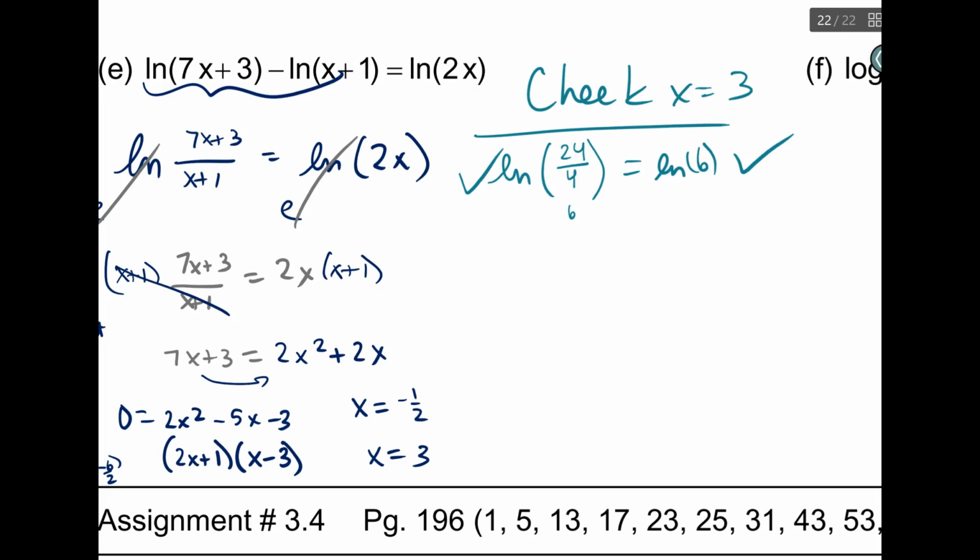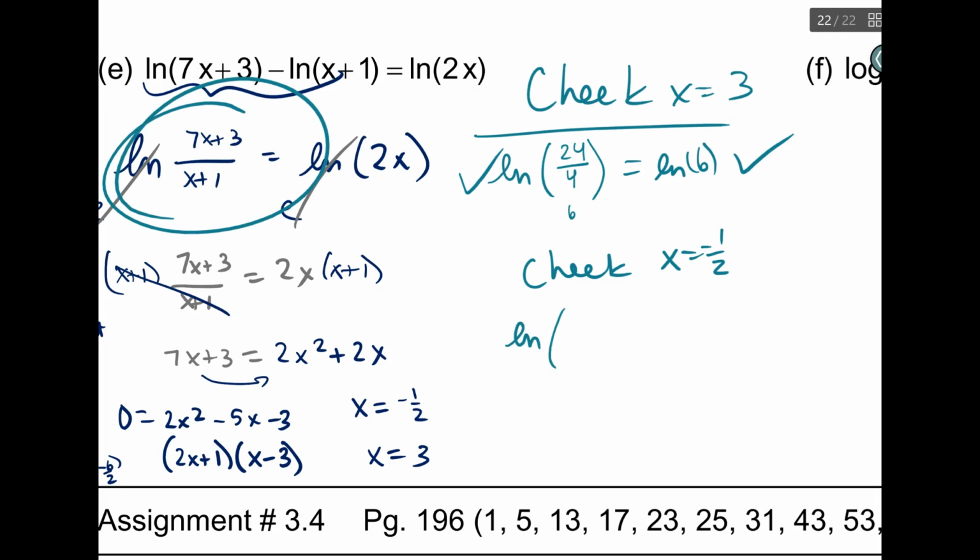Let's check x equals negative 1/2. Using this line right here, negative 1/2 times 7 is going to be negative 3.5 plus 3, so that's negative 1/2 over 1/2.